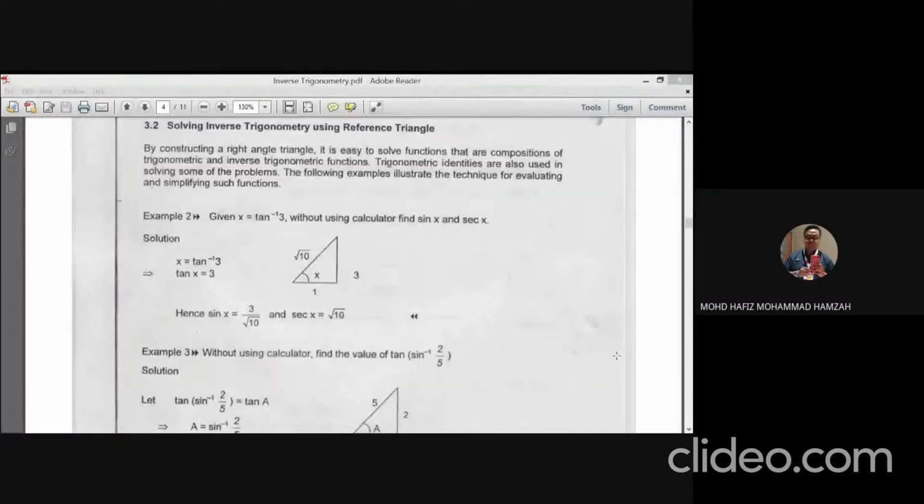Okay, so sini ada contoh yang lebih mudah untuk dipahami. Okay, so dalam tutorial kedua ada topik solving inverse trigonometry by using reference triangle.